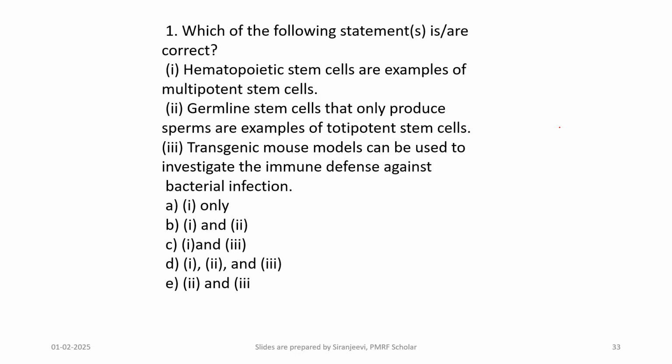Wrong, sir. Why is it wrong? The second thing, germline stem cells that only produce sperms are an example of totipotent cells. Is it correct?